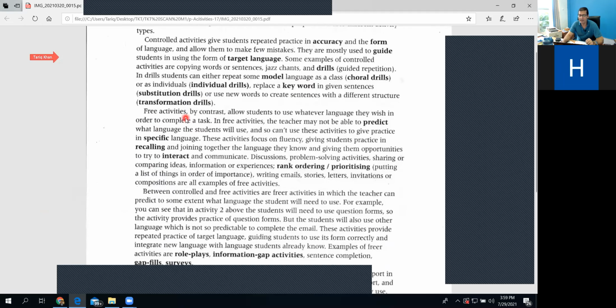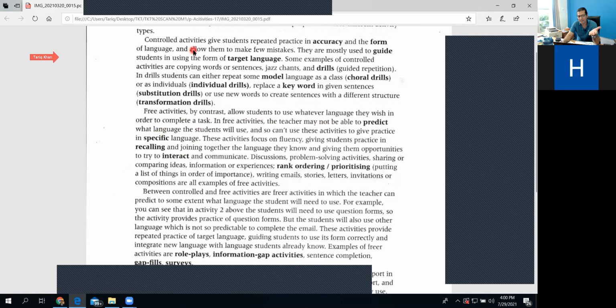Then comes the free activities, which we discussed on the previous page in number 3. So here they have given the explanation in number 2. All right, so only the paragraphs are up and down, the rest is the same thing. Free, which we discussed as activity number 3 on the previous page. By contrast, meaning opposite, allow students to use whatever language they wish in order to complete a task.